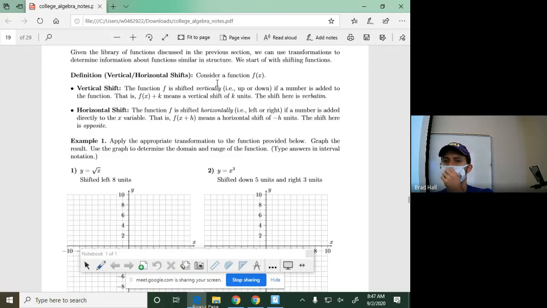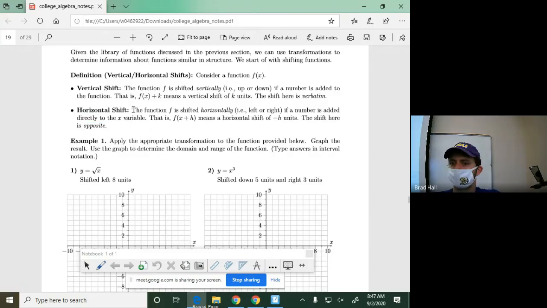So if you want to shift a function up by 2, you add 2 to the function. If you want to shift a function down by 3, you would subtract 3 from the function. And I also say the shift is verbatim, which you might wonder what that means. It makes more sense when I talk about a horizontal shift, which notice it says the word opposite at the bottom.